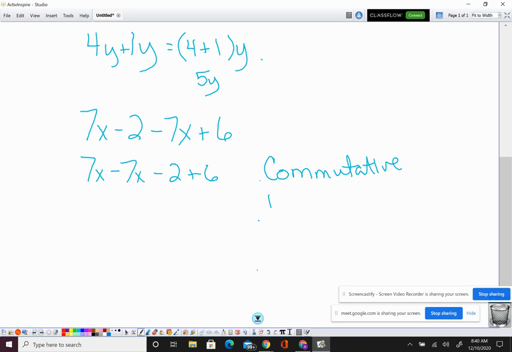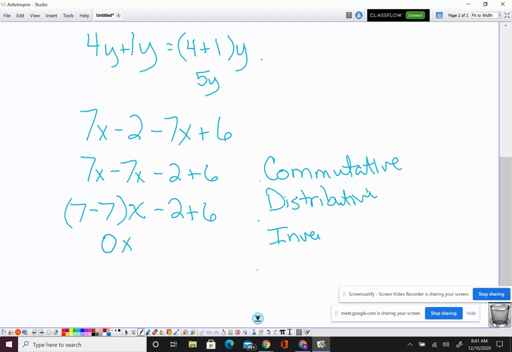Now we're going to perform the distributive step. And we're going to pull that x out of these two terms. And we're going to get 7 minus 7 and minus 2 plus 6. 7 minus 7 is 0, because those are inverses of each other, it's the additive inverse.